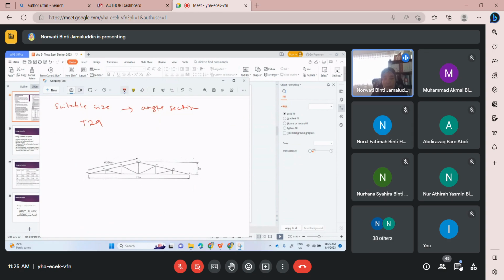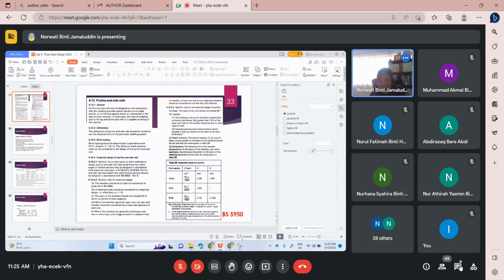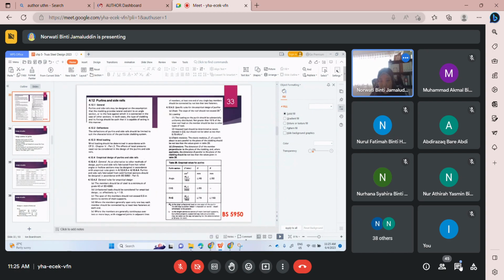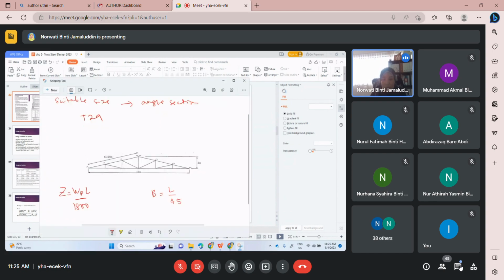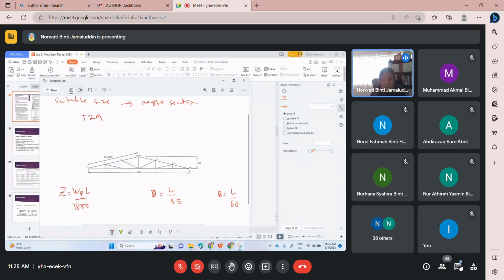So Z is equal to WP times L divided by 1,800. For B, L over 45, and D. No, this one is D. B is equal to L over 60.